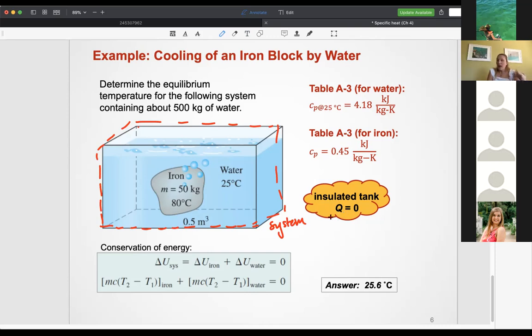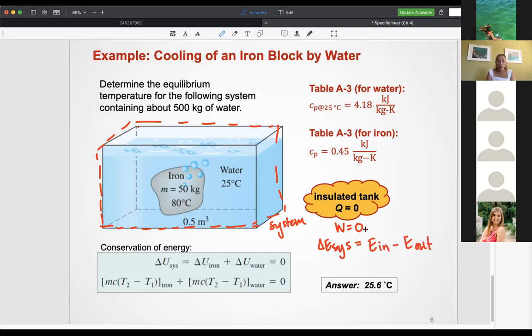We also have no boundary work, no electrical work, no turbine work, no work at all being done. So our work is also equal to 0. Which means that our energy equation, our change in energy of our system, is equal to our energy in minus our energy out.